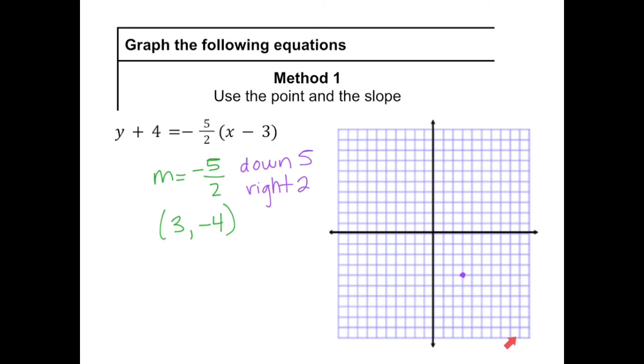I'm going to do that as much as I can, but then I will also go up and to the left, up and to the left, up and to the left again, so I get more points on the grid so I can have a nice straight line. After drawing the points and connecting them with a line, this is the line from this equation, y plus 4 equals -5 halves times x minus 3.